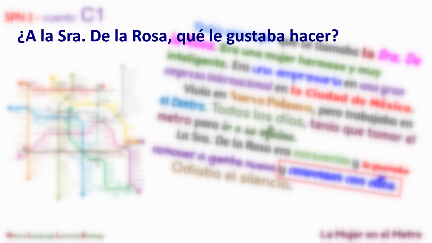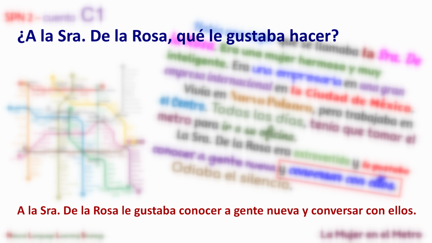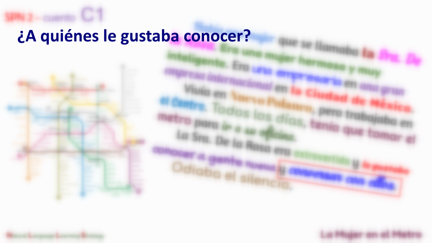A la señora de la Rosa, ¿qué le gustaba hacer? What did la señora de la Rosa like to do? A la señora de la Rosa le gustaba conocer a gente nueva y conversar con ellos. ¿A quiénes le gustaba conocer? Who did she like to meet?